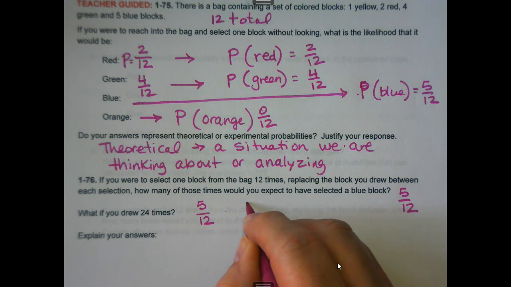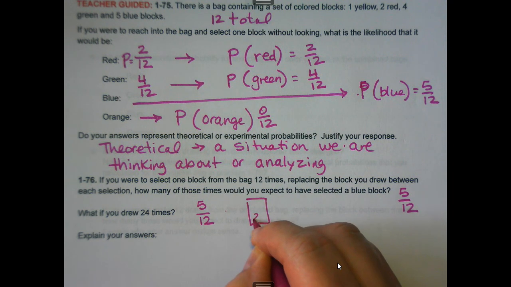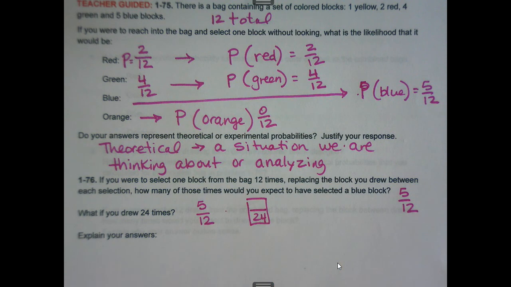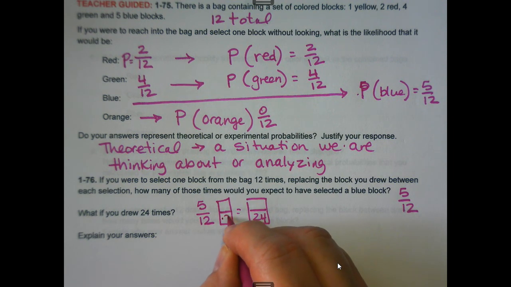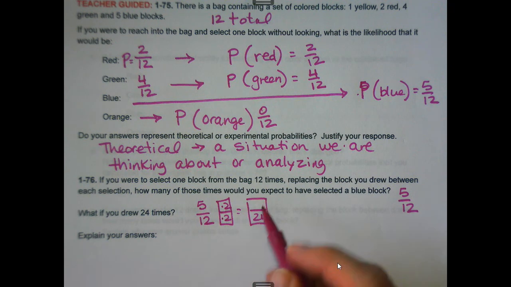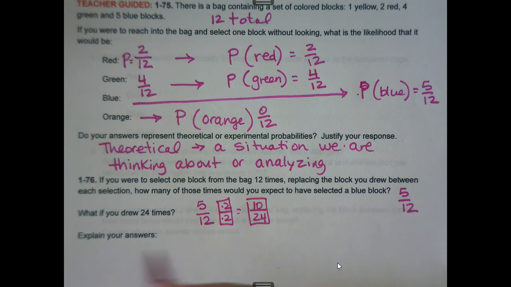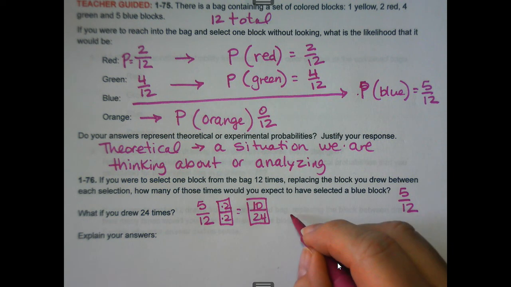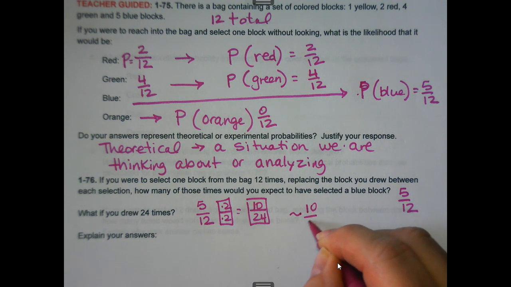And if I'm trying to see if I am going to increase my sample space to 24, going back to my giant 1, I know that 12 times 2 is 24, 5 times 2 is 10. So the probability of drawing a blue block if I drew 24 times would be about 10 24ths.